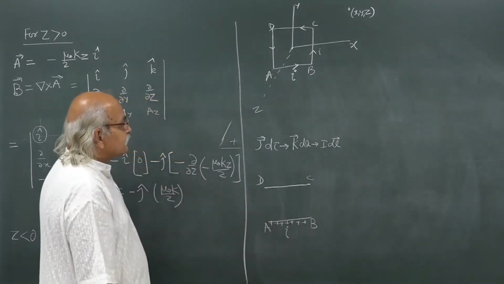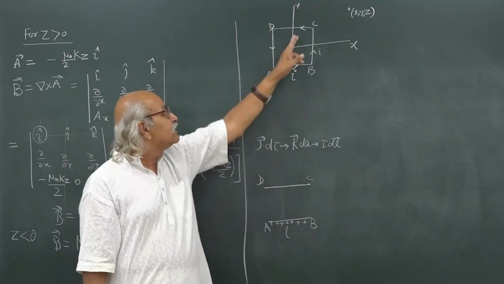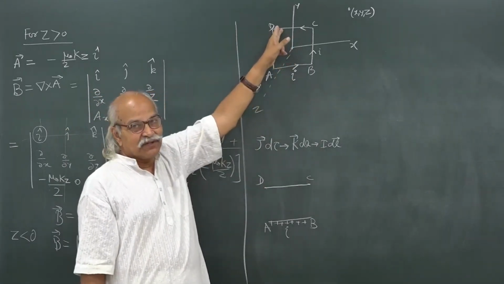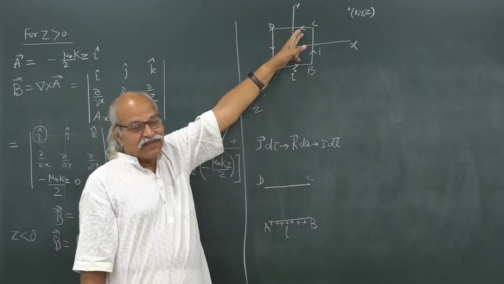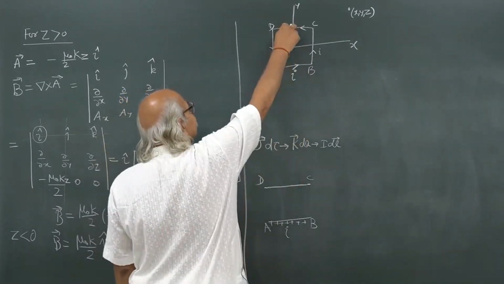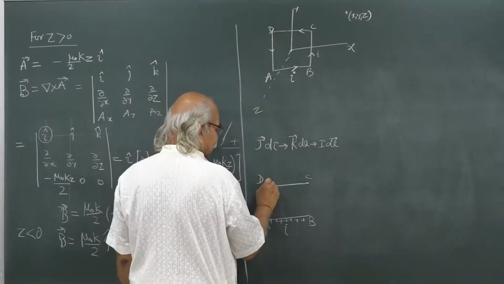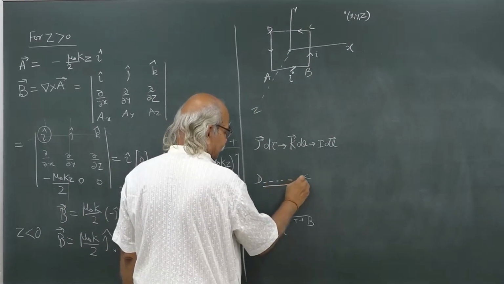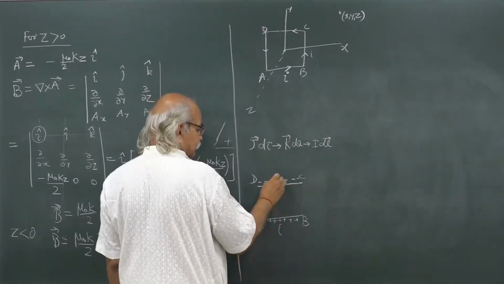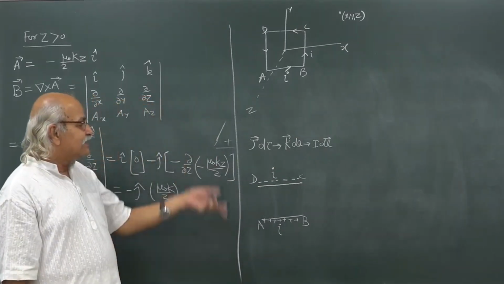And then since we have to take the x component, and dl this time is towards left because of this arrow, we will say that it has a negative minus I charge density. I repeat, this is not charge density, it is current.